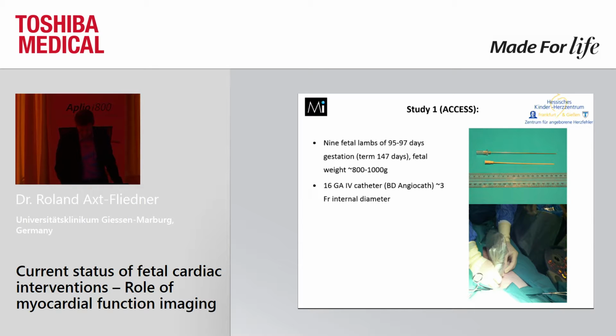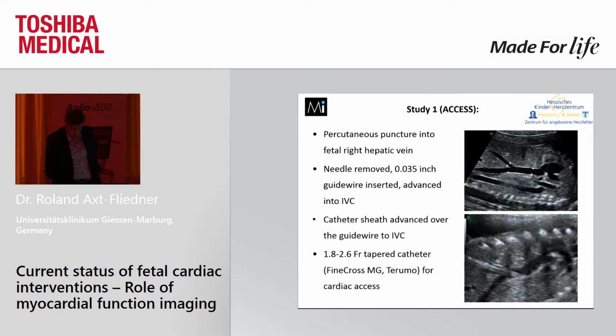This is a transhepatic access of the hepatic vein, and this was a joint work with Melbourne Monash University, and we did the access study. We tried to look whether we could access the fetal heart by the puncture of the hepatic system of the fetal sheep.